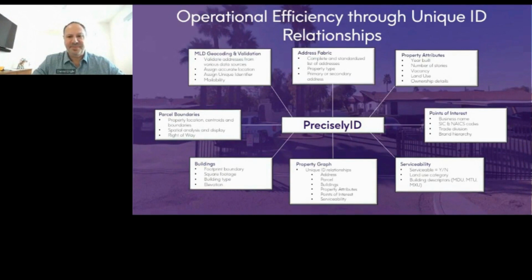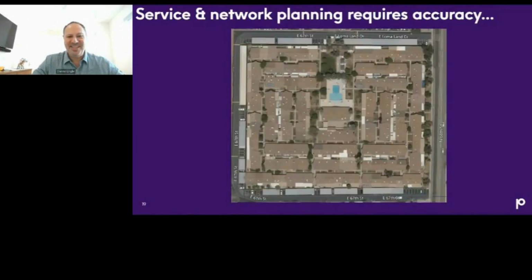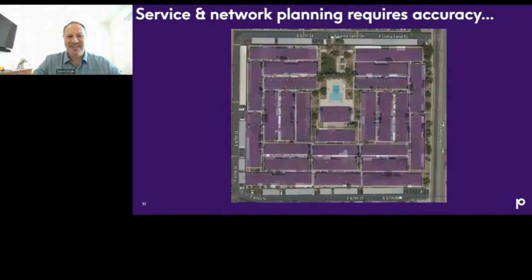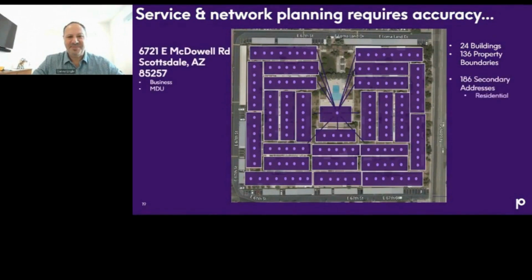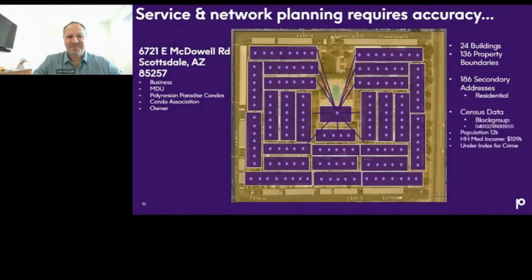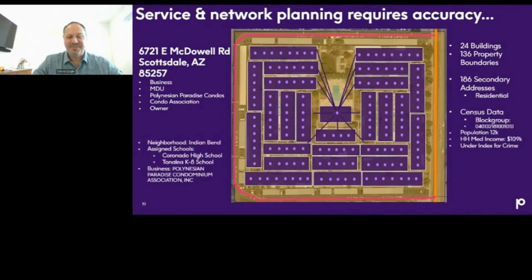If we think about a property like this, as a network provider, you may originally have just a single address for this property. But as we can tell as Danny's building this out, there's a whole lot more we could understand about this property.